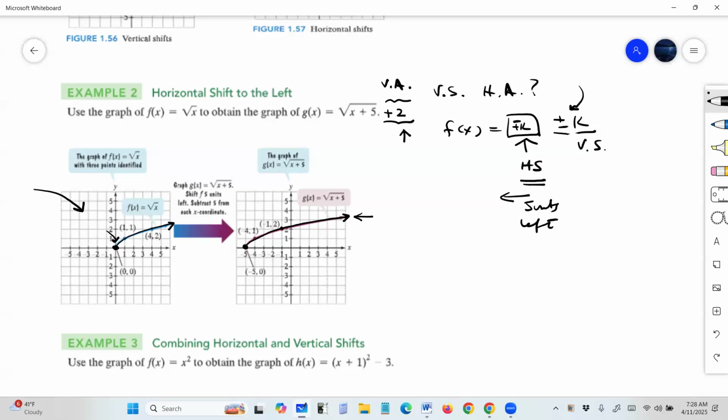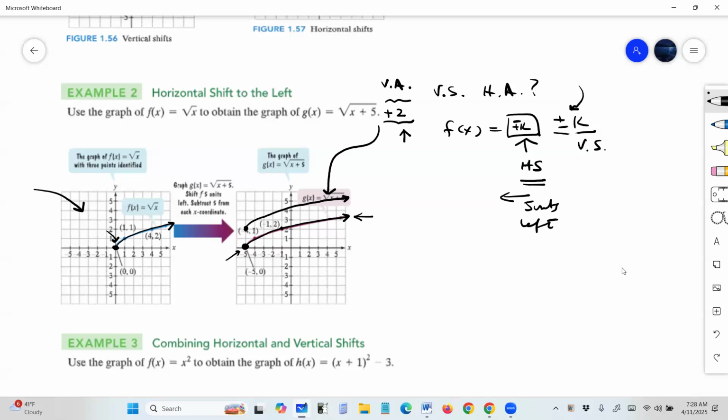So you still go back to the key point of the function, which in this case is right here, and you move that point 2 units up here, and then you regraph the function the exact same way. All right, so this would be the graph of square root of x plus 5, plus 2. Right? So this is exactly how we do it.